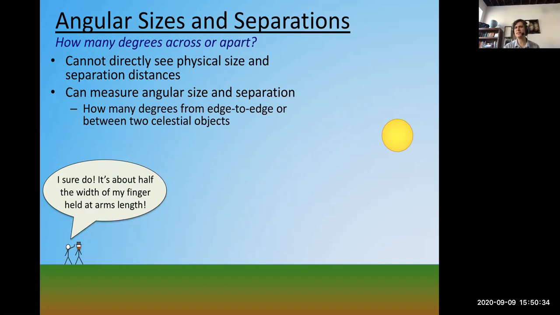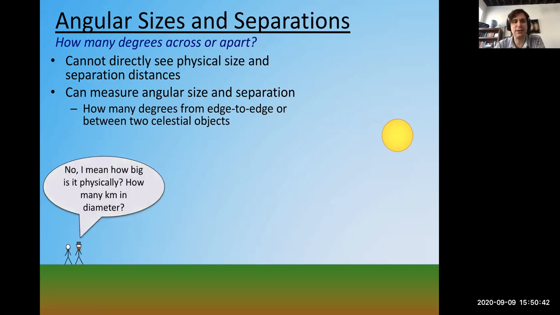It's about half the sky that her finger covers up held at arm's length. We just need to know how much sky that is measured in angles, and it's about half a degree. Of course, this is not the physical size. This is not the size of the sun in physical units. The sun isn't half a finger width in diameter. That's how big it appears to be from our vantage point.